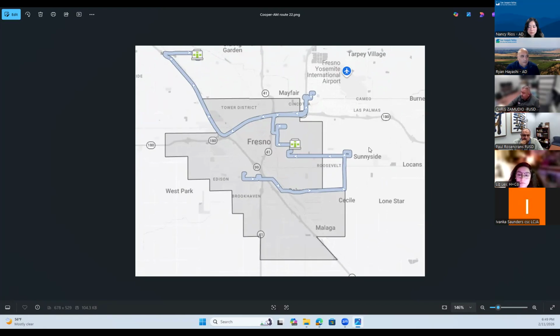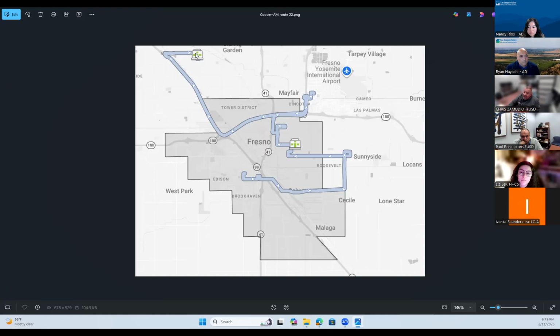Correct. As you see this mapping right here, the school site that we're transporting for is going to be Cooper. Cooper is one of our magnet schools. Now, this is an AM route, so we will pick up at bus stops all along the boundary of students within that boundary, and we would transport them to our magnet school.